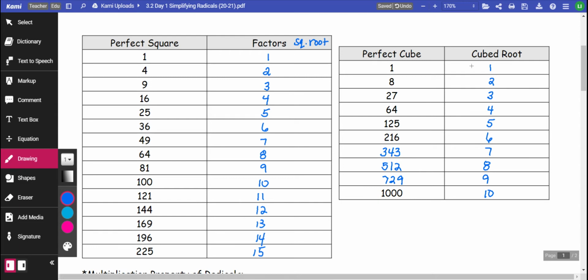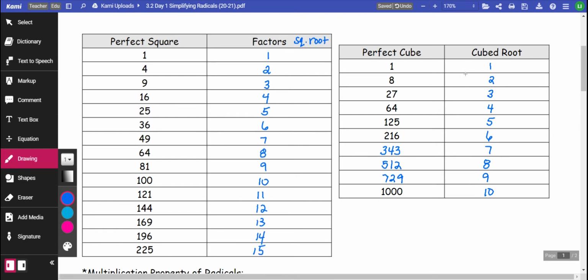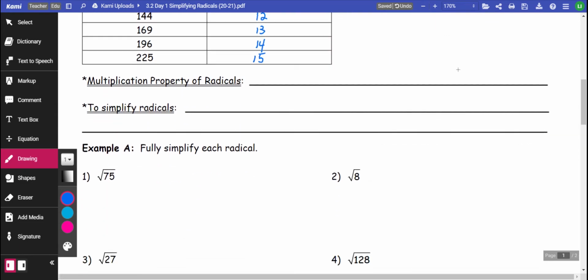All right, so we're going to be using these perfect squares and perfect cubes and all of their factors to help us simplify radicals. But before we can simplify, there's a multiplication property of radicals that we need to be aware of. The multiplication property of radicals tells us that if I have the square root of two numbers being multiplied together, let's say a times b, I can separate each of those into their own square root. That works for cube roots as well.